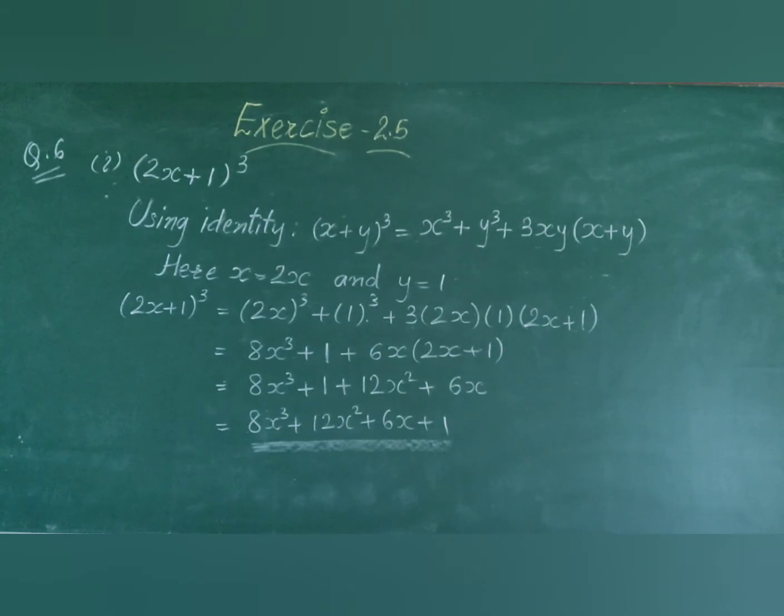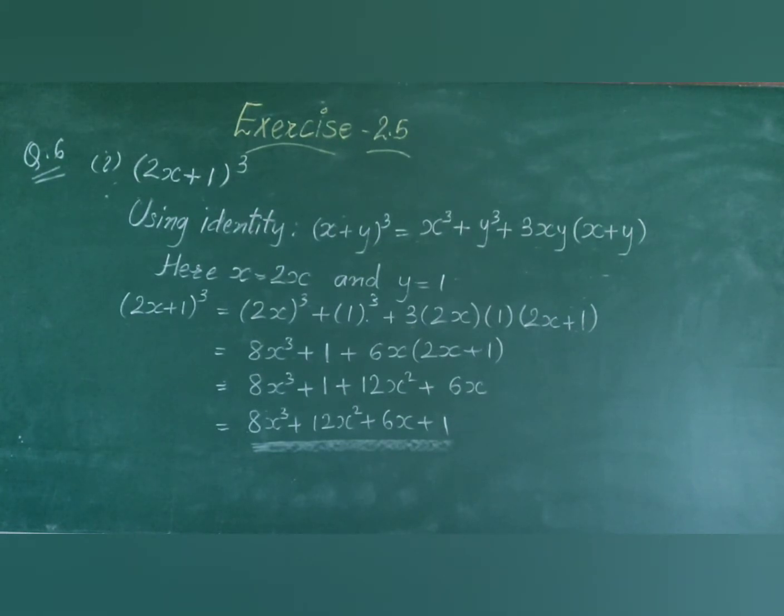Here you can see we can use identity number 6 because here the cube is given for addition. So we use the identity (x + y) whole cube = x cube + y cube + 3xy(x + y). This is the identity which we use for expanding the cubes.